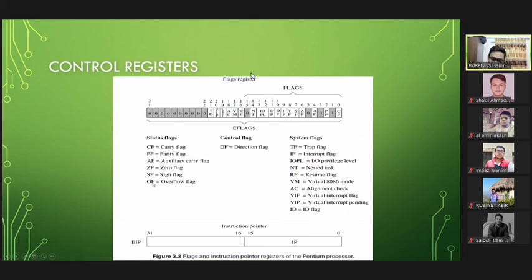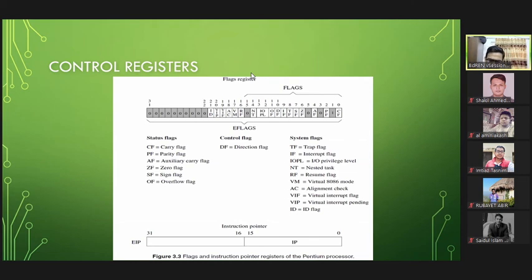So these are the status flags, 6 types, 1 control flag, and 10 system flags. It is not mandatory to remember all these flags, but at least remember some of them as examples. If I ask you, can you give me 1 or 2 examples of status flag? You should tell me carry flag, parity flag, overflow flag. Can you tell me at least 1 or 2 examples of the system flag? You can say the ID flag, the resume flag, the nested flag, any 2 or 3 you can remember.